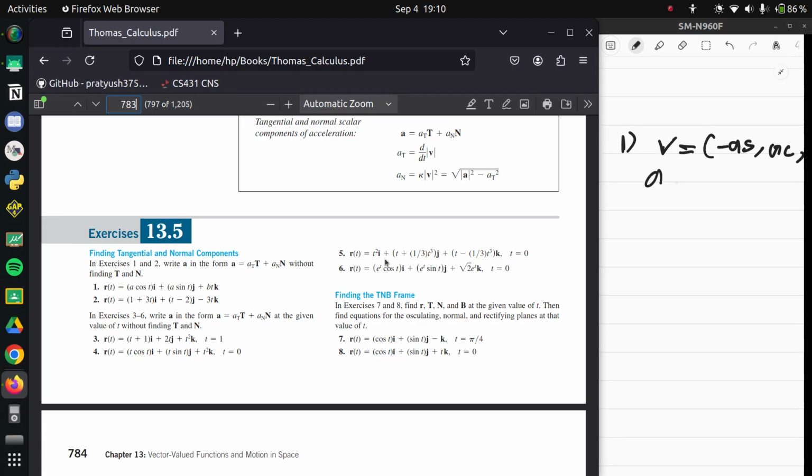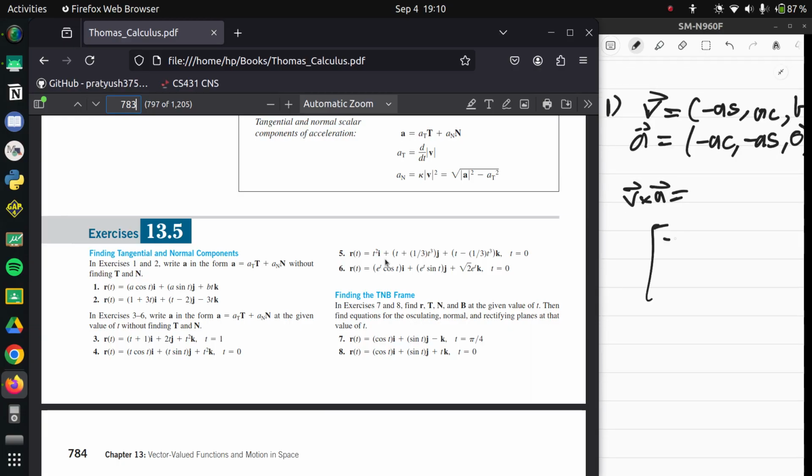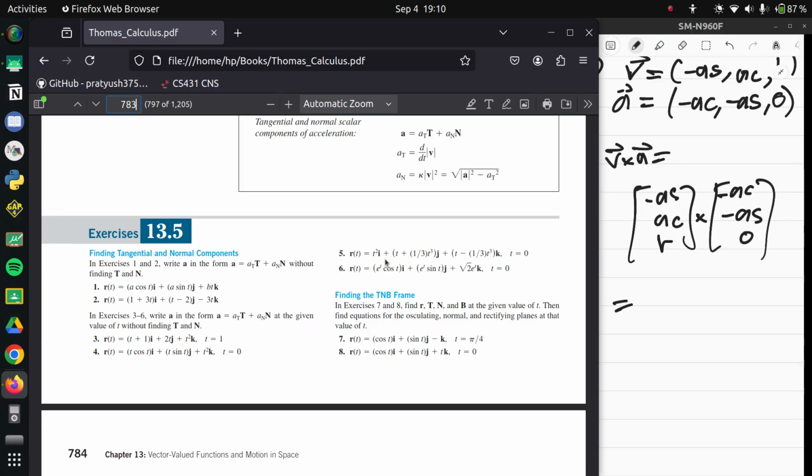Your acceleration would just be equal to, call it a vector, minus a cosine t comma minus a sine t, and this thing is 0, right? So your v cross a, what is that? This thing is negative a sine t, a cosine t, b, crossed with negative a cosine t, negative a sine t, and then 0.